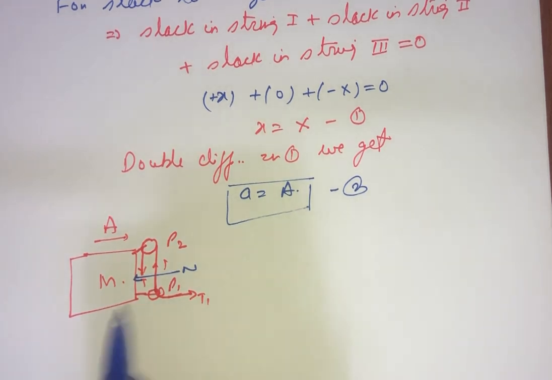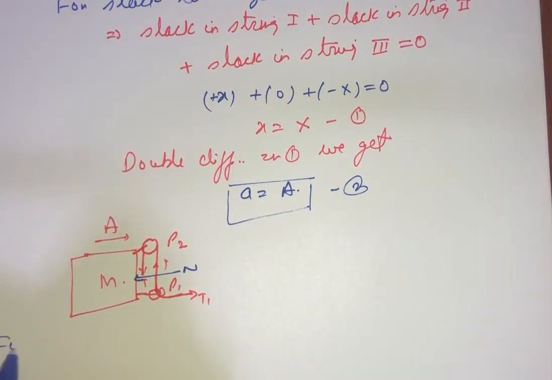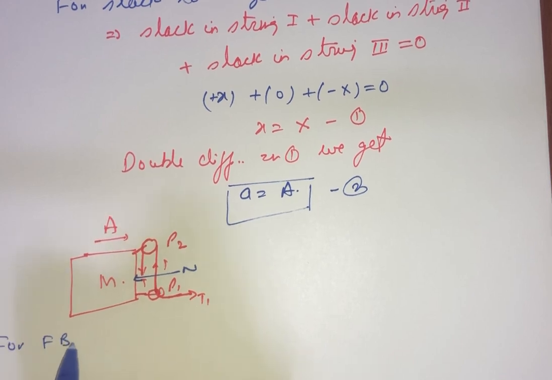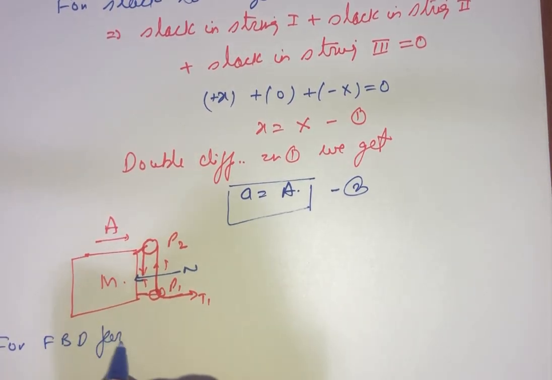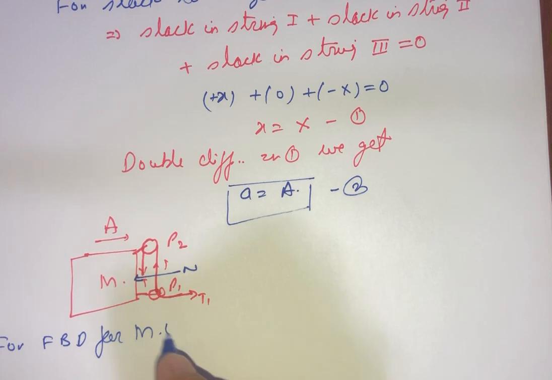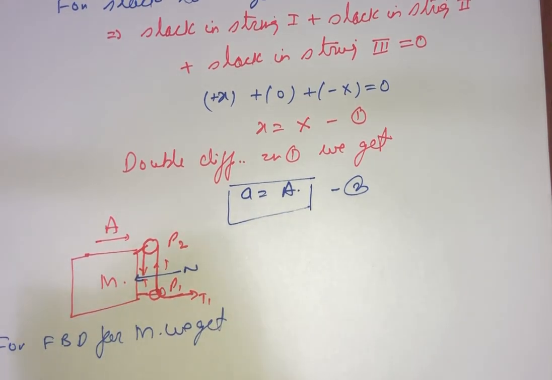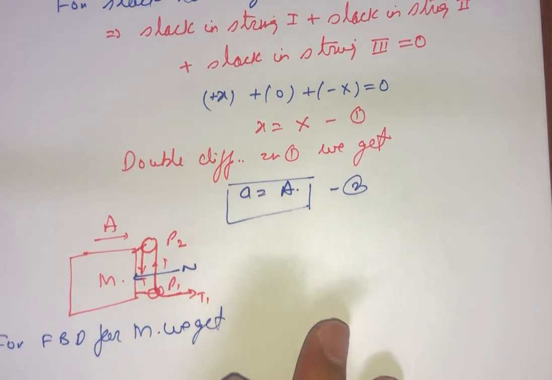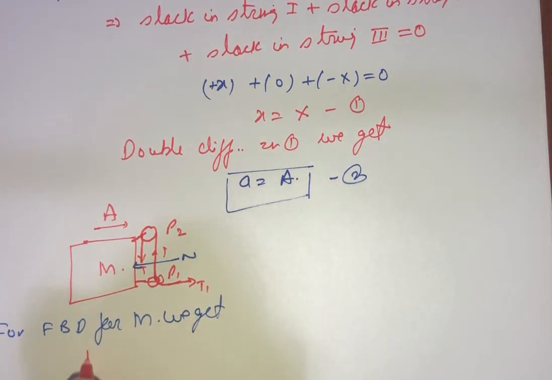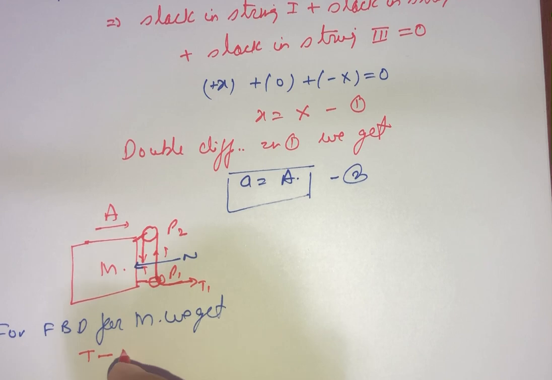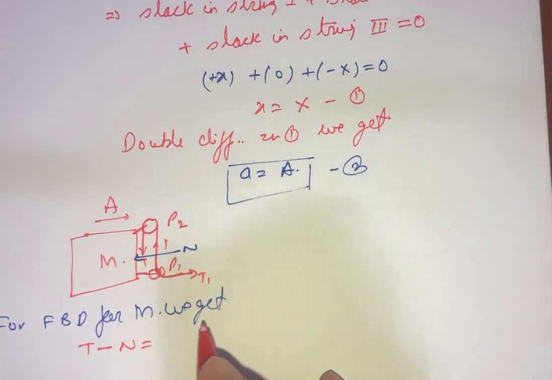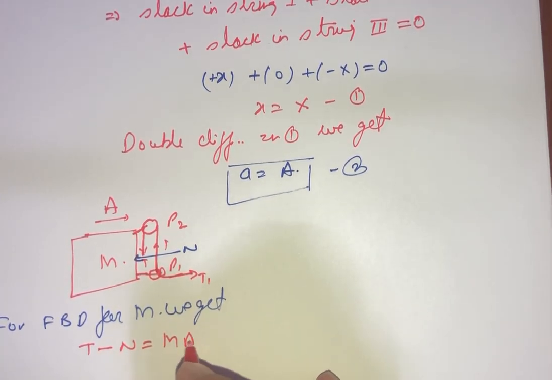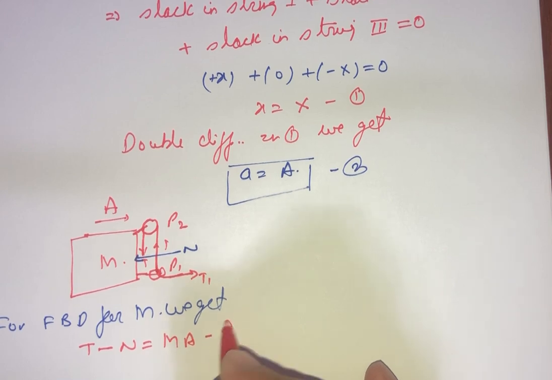Okay, so we can say that for free body diagram for capital M, we get T minus N is equal to mass into acceleration. Let this be equation number 3.